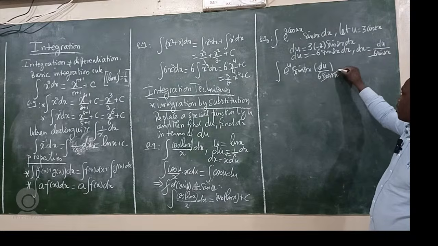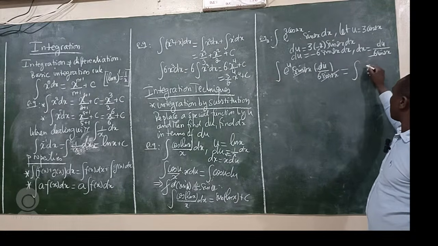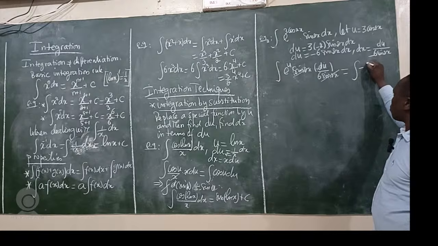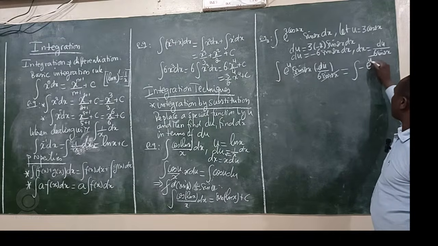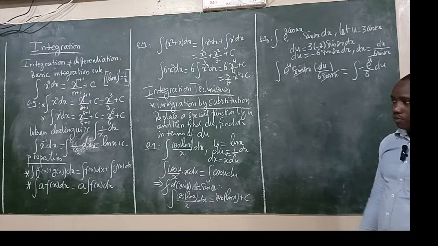We can simplify the sine 2x and stay with minus e to the u, du over 6.